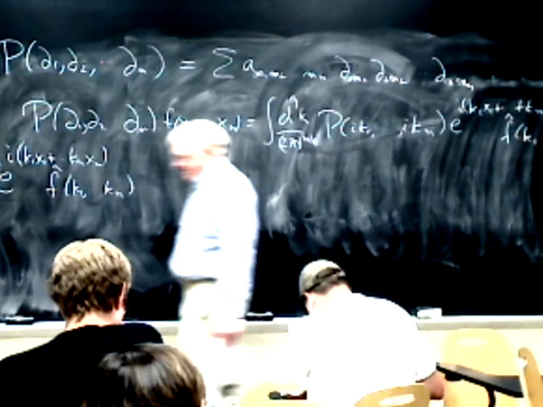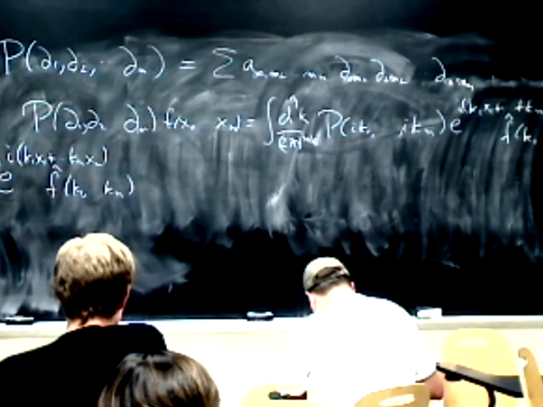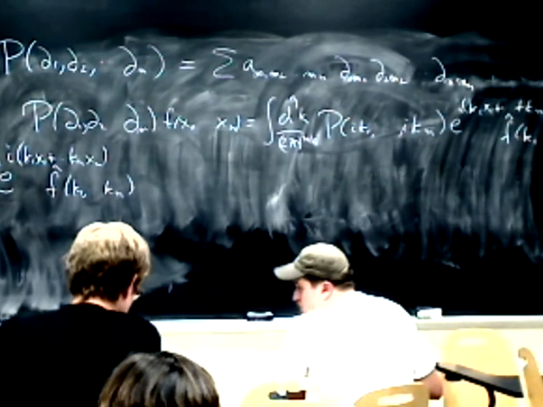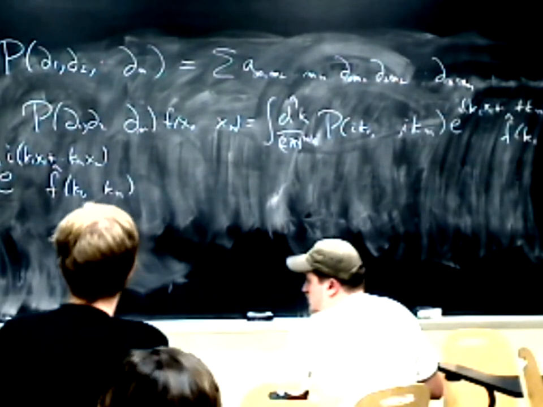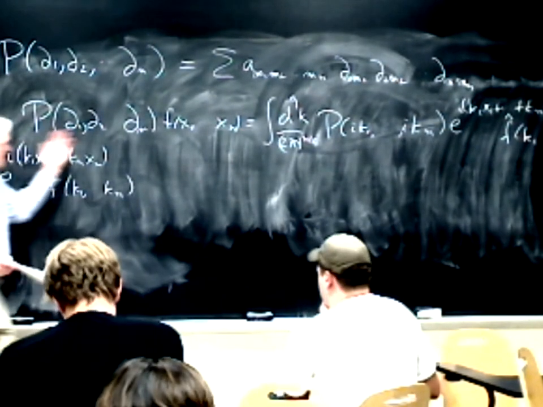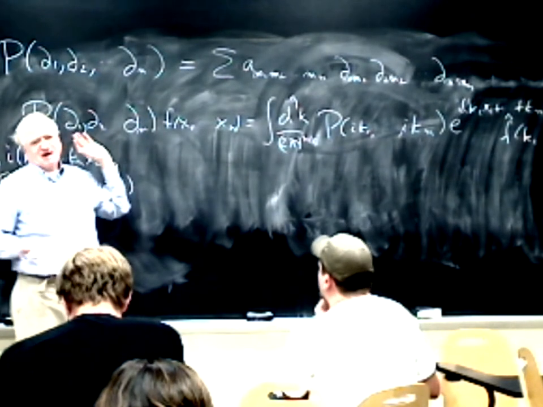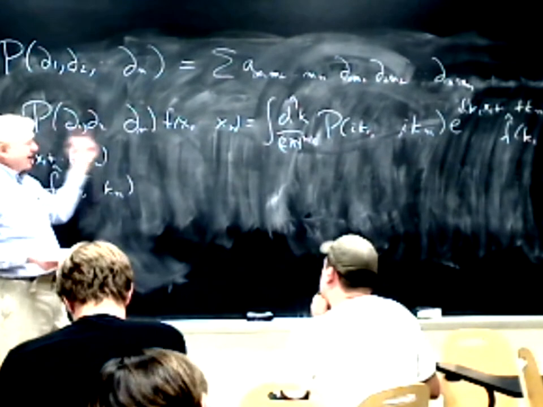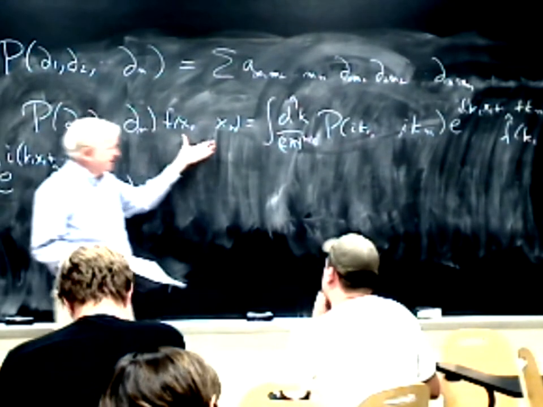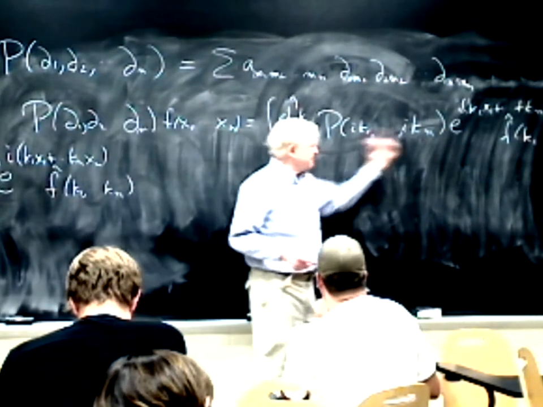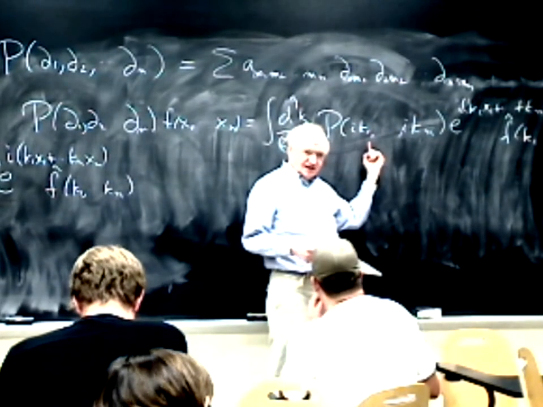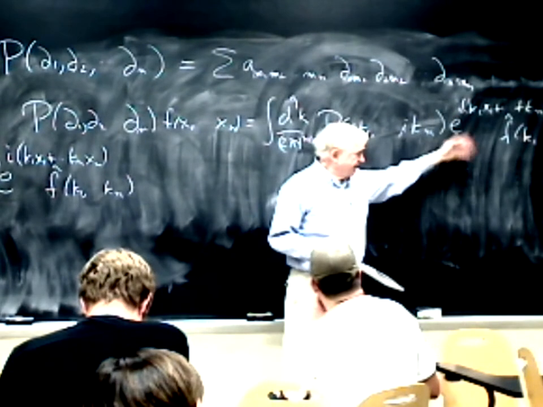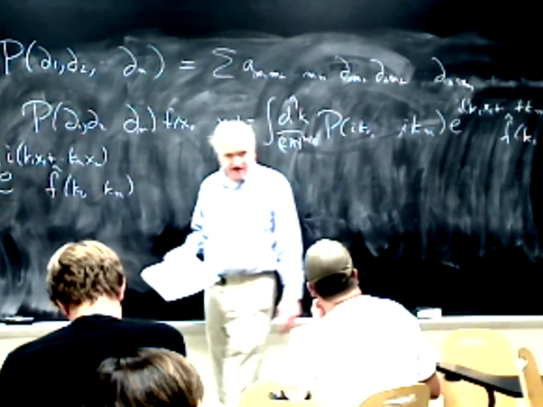In other words, because these derivatives just pull down these ik's, let's think of P as a polynomial. There's no point building in power series. So we have a polynomial in derivatives acting on a function. It's just the same polynomial in i k1 through i kn on e to the i k x and then f hat. Okay?